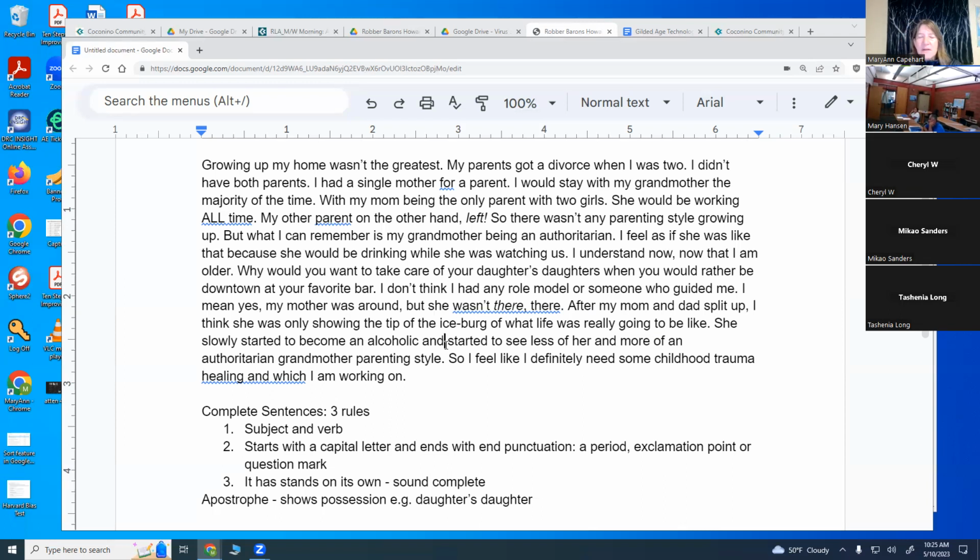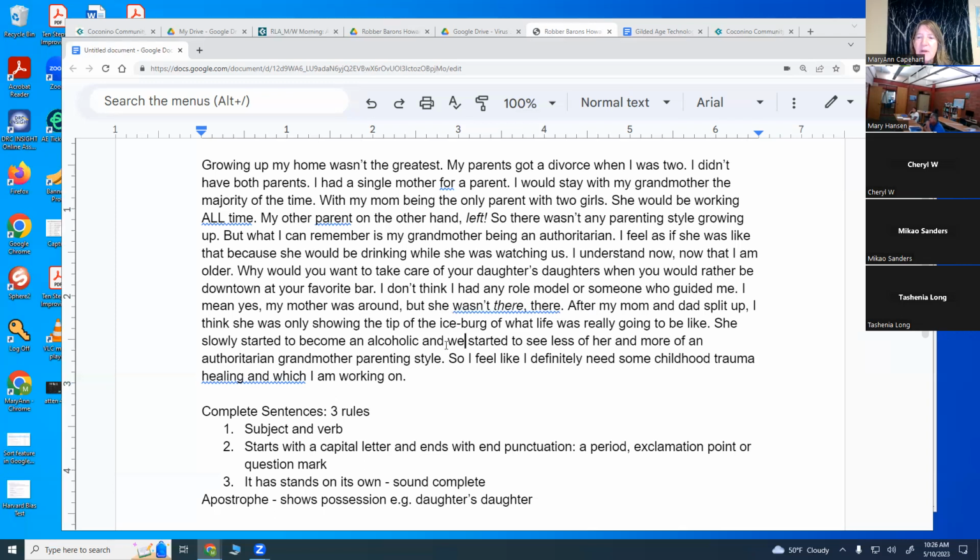No, she started to see who's she. Wait, no, she's not starting to see less and less of herself. So she's the one who's showing the tip of the iceberg. So who started to see less and less of her? Yeah, it could be, yeah. But since there was two sisters, we can also put we, and that would include the grandmother.